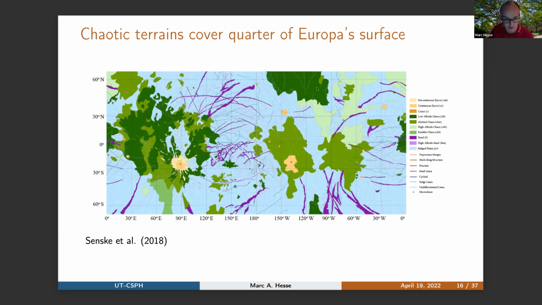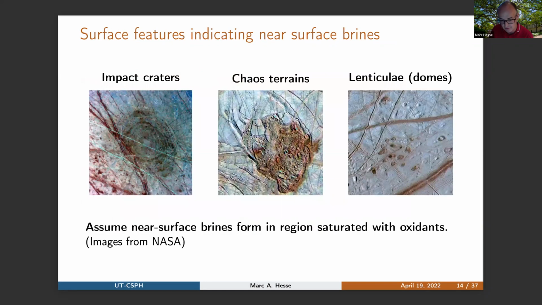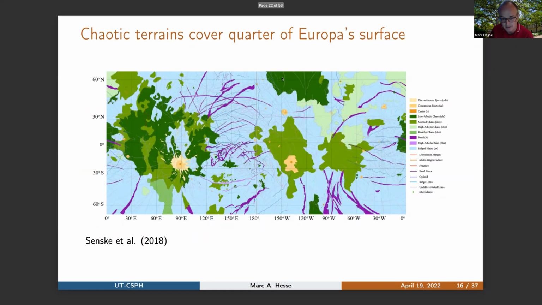Now, I'm pretty sure that not all of this green is as characteristic looking chaos terrain as this one shown here, but even if only half of the green stuff would look like this, then there's a significant portion of Europa's surface that seems to be affected by whatever the mechanism is that forms chaos terrains. You can compare it, for example, to the yellow areas, which is the part of Europa's surface that's affected by impacts. And you see that certainly impacts affect a lot less of the surface.